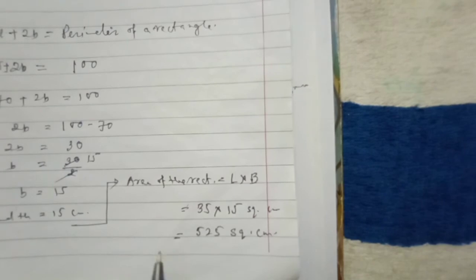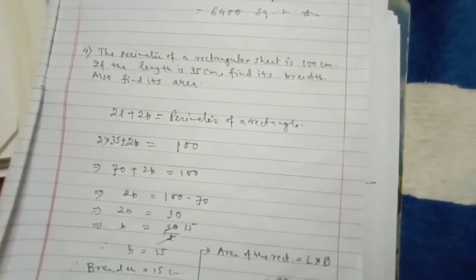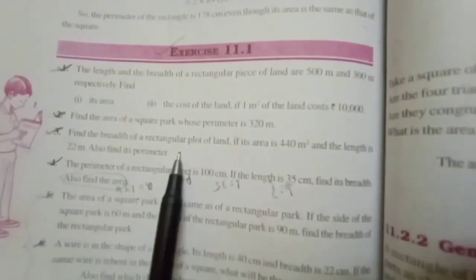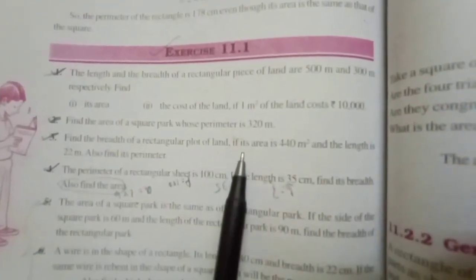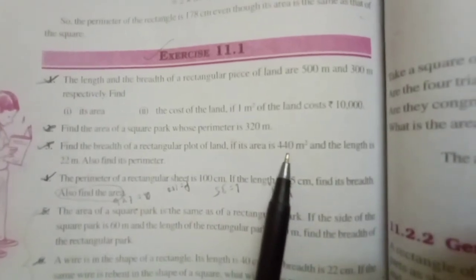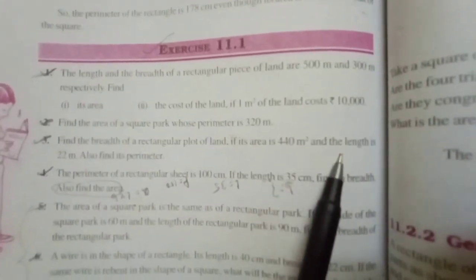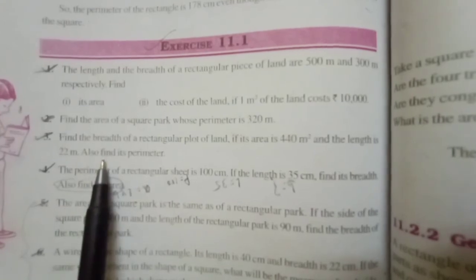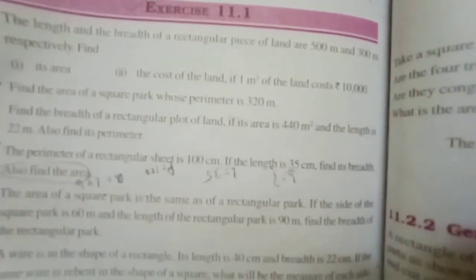Understood? Now question number 3, you can do it on your own. See the question. Find the breadth of a rectangular plot of land if its area is given 440 meter square and its length is 22 meter. Also find its perimeter. When the area is given, that means L into B is given.